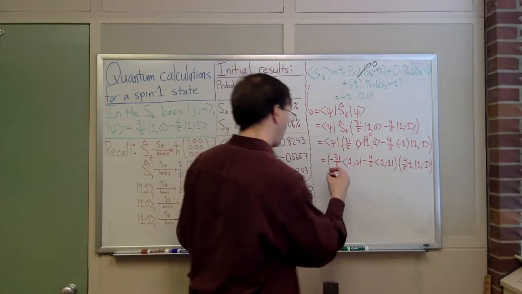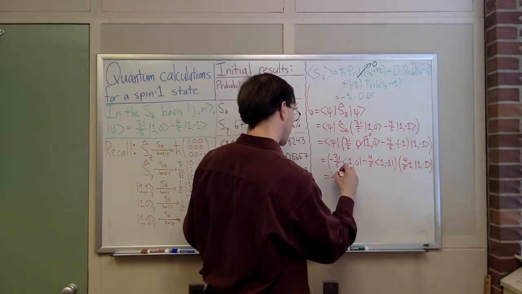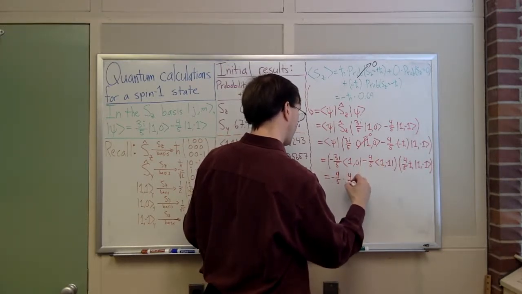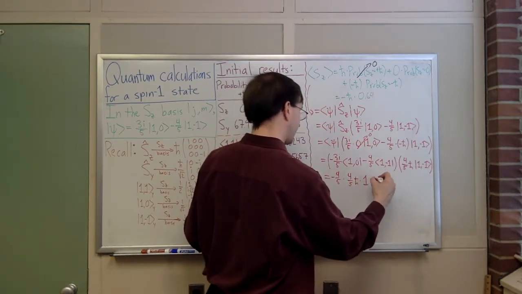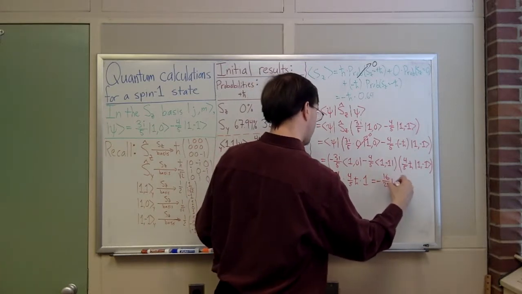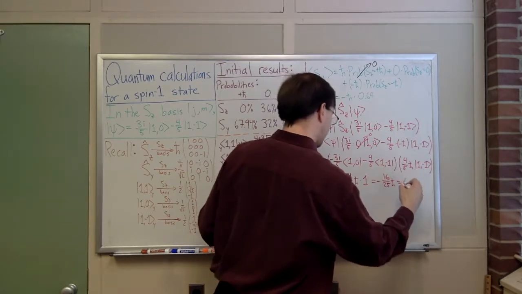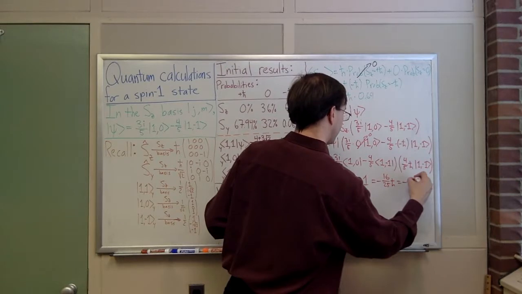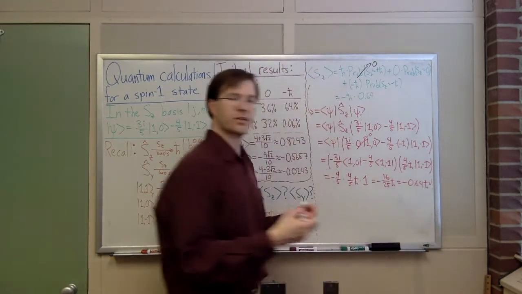And so I get negative 4/5 from here times positive 4/5 h bar times 1, my normalized state. Or in other words, negative 16/25 h bar, which is the same as negative 0.64 h bar. So I get the same answer doing it that way.